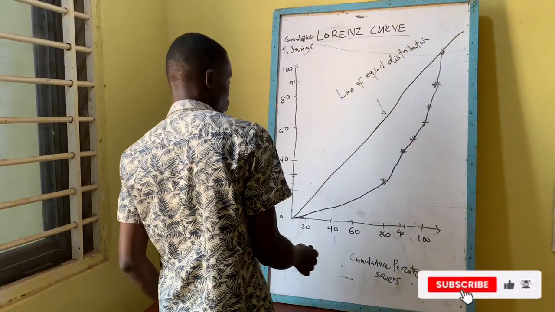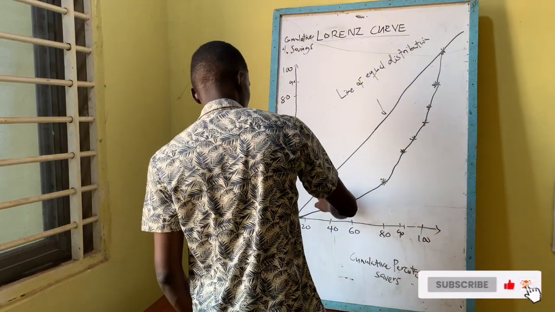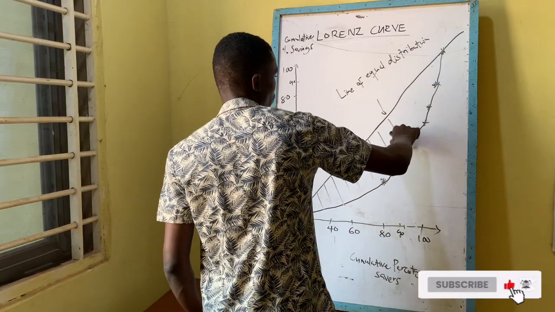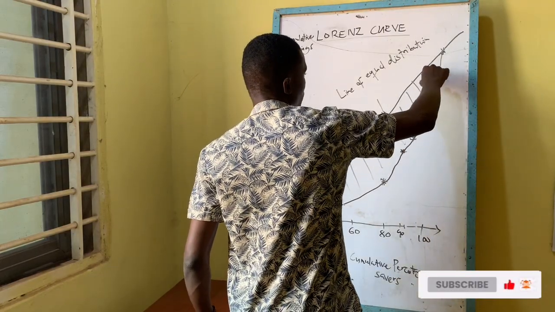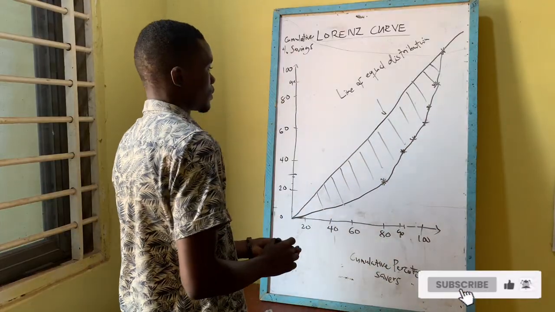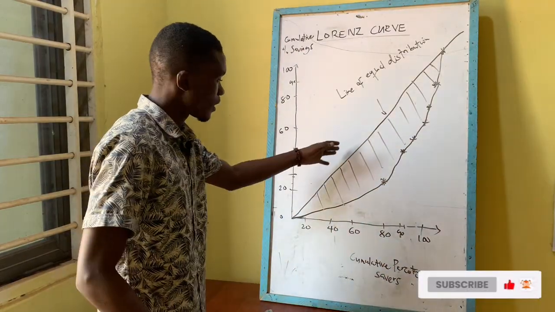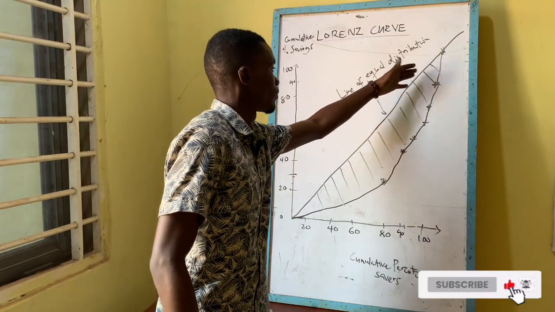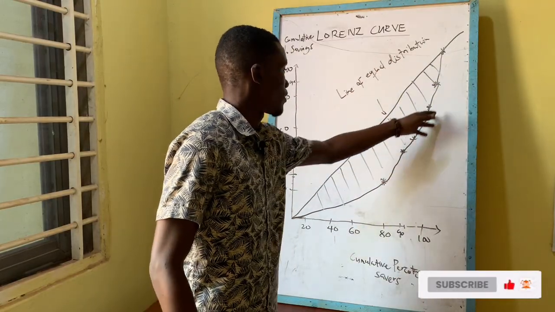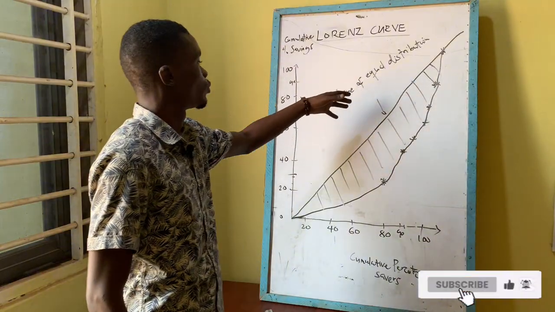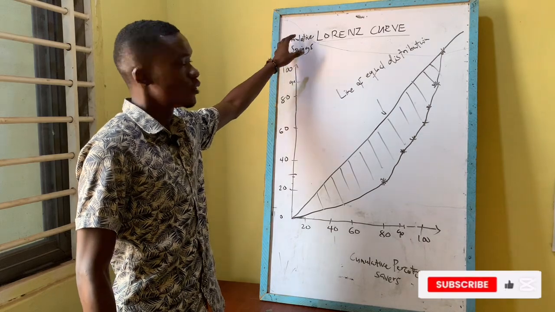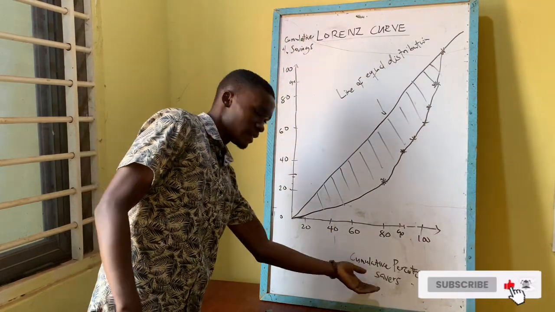Then you just draw stripes or whatever you call it within the space given. So you can see, as I was saying, the farther away this curve from this line of equal distribution, the wider the difference between the cumulative percentage of savings by the savers.